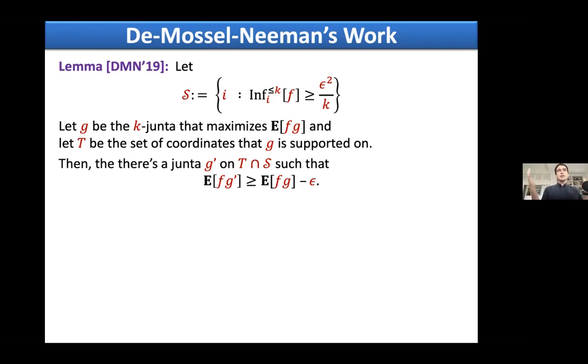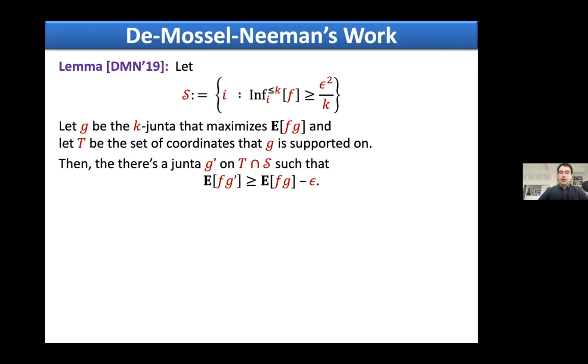So in other words, what does it tell us? It tells us that if we, instead of looking at the entire n coordinates, are just looking at the coordinates inside S, the best correlation there is more or less the same. We are only losing epsilon. And this is a simple exercise that involves Parseval's identity and maybe a Cauchy-Schwarz inequality at some point. So this is not too complicated, but I will not show that.